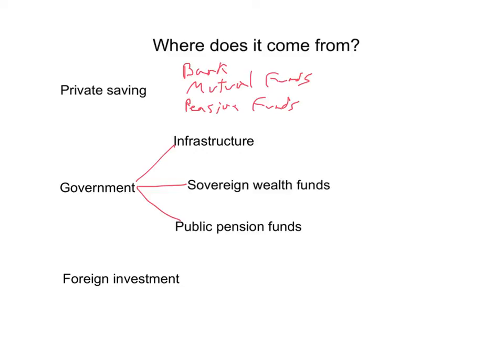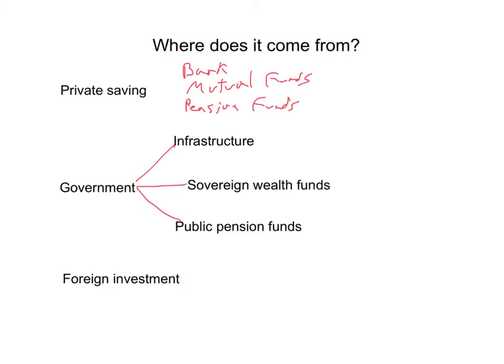But they might just have a pension fund that they operate like a mutual fund or like a private pension fund. And there's also foreign investment, which is very, very important for especially developing economies who don't really have the resources for domestic private saving or for domestic government spending. Instead, they're going to have to rely on foreign investors to come in and build human capital and build physical capital and invest in human capital in their country.